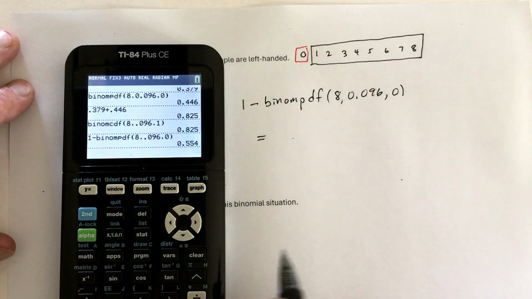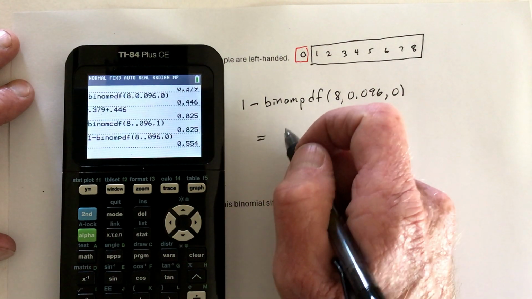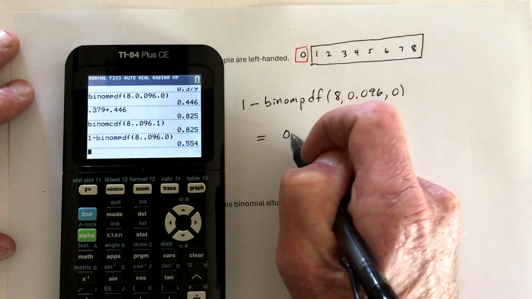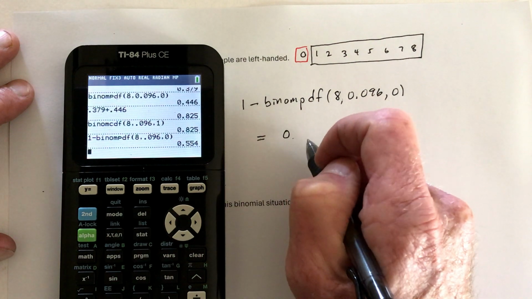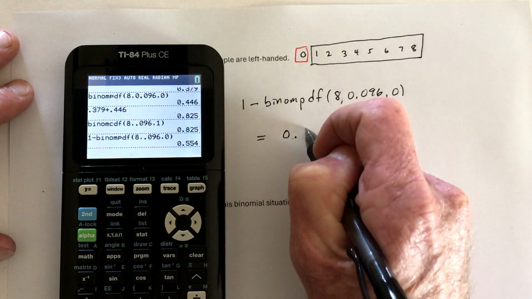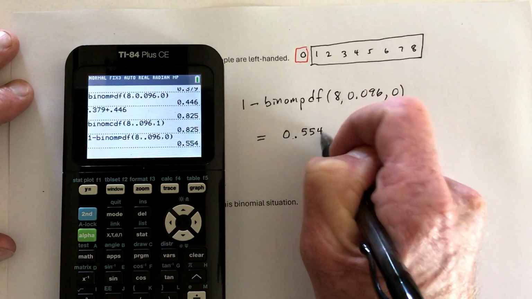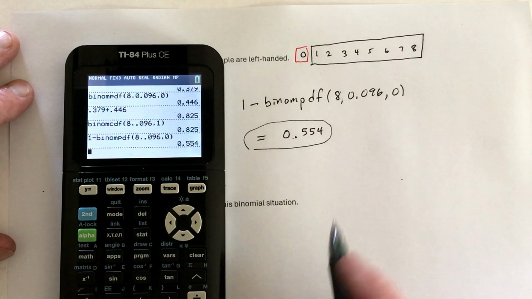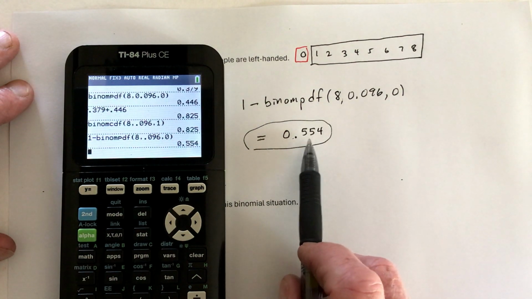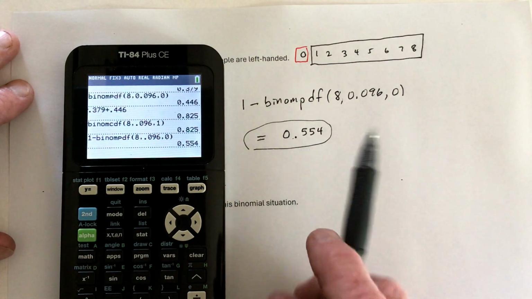And the chances that you have at least one left-handed person is 0.554. So I was looking at that number. You might have noticed that I paused because I thought this was going to be bigger, the chances of having at least one.